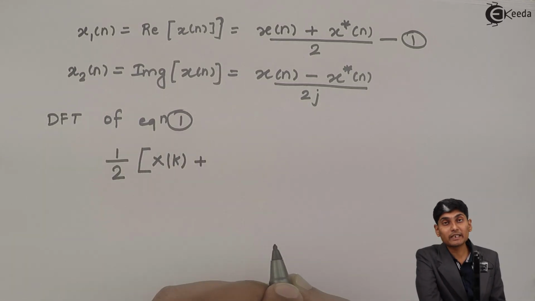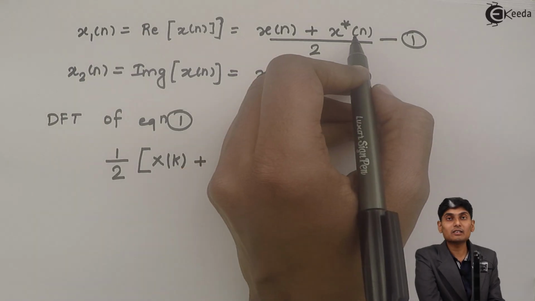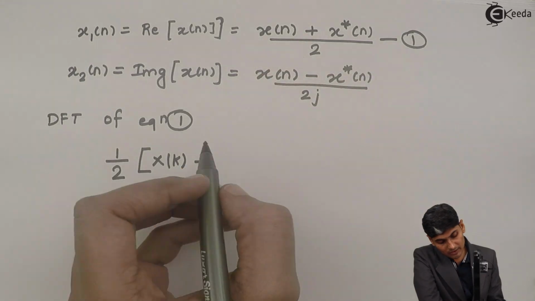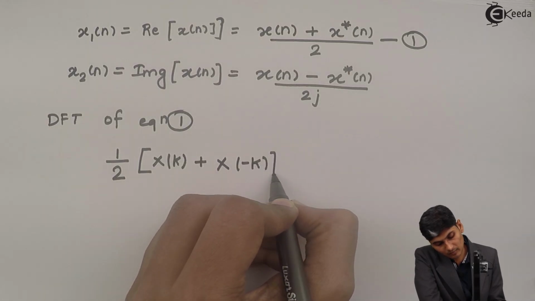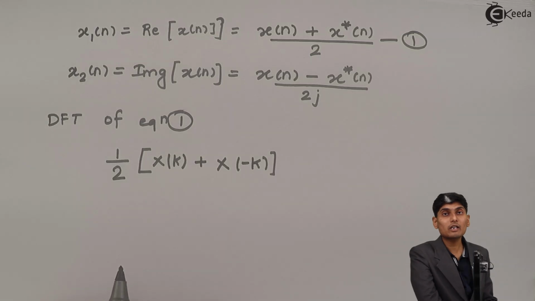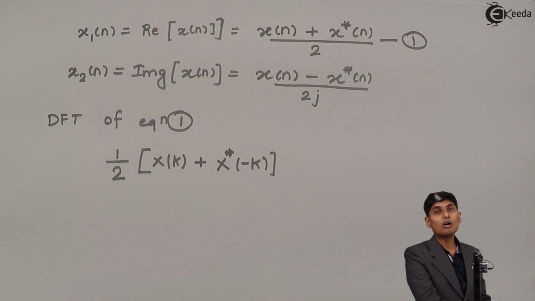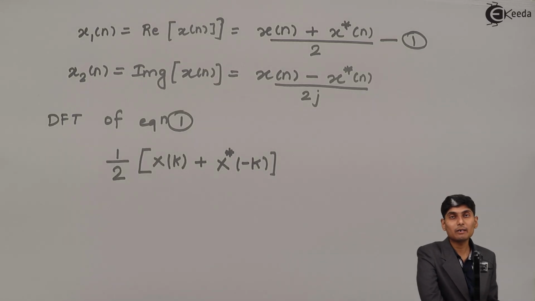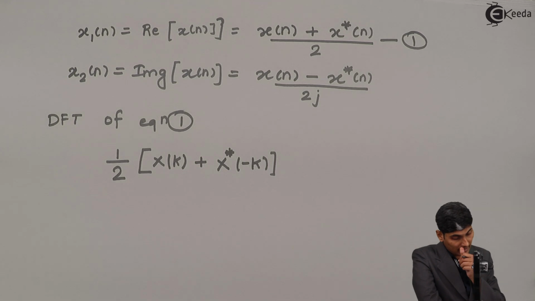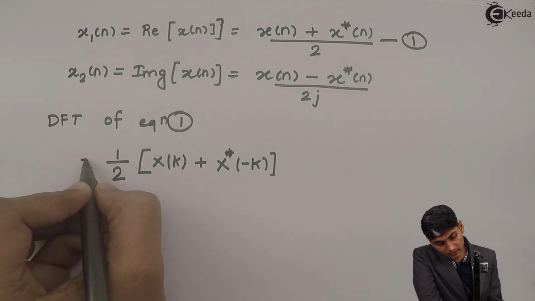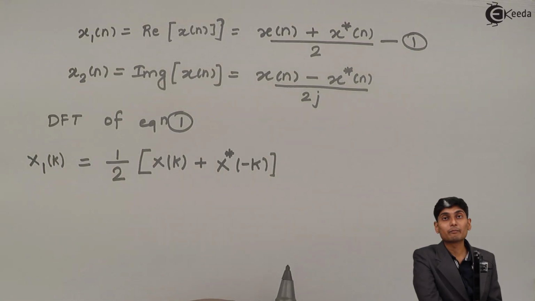The plus sign will replicate as it is because of the linearity property. And this is nothing but the complex conjugate property, which says that x of minus k, that means we need to mirror image the signal, or x star of minus k, that means we need to mirror image the complex conjugate x of k. That is the first sequence output x1 of k.